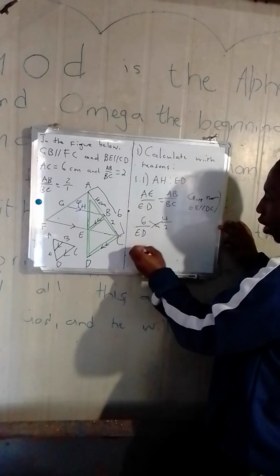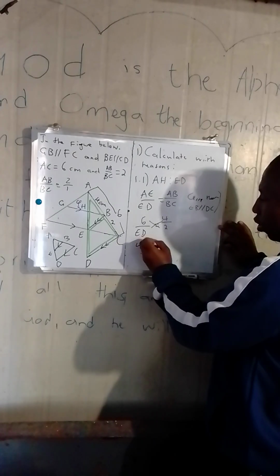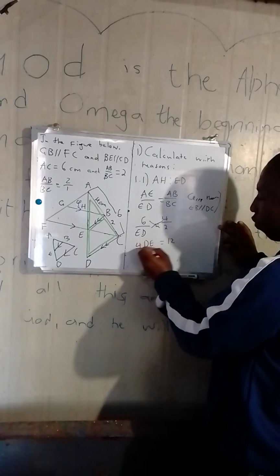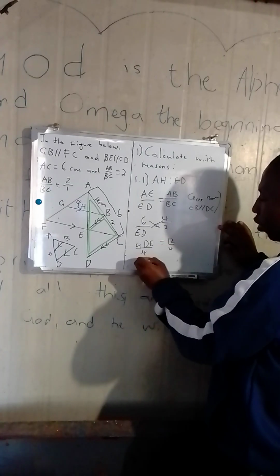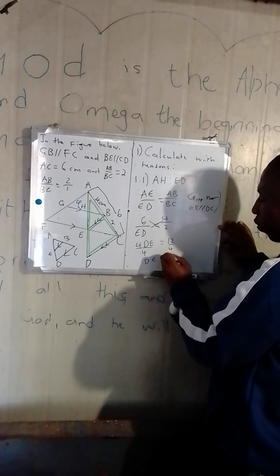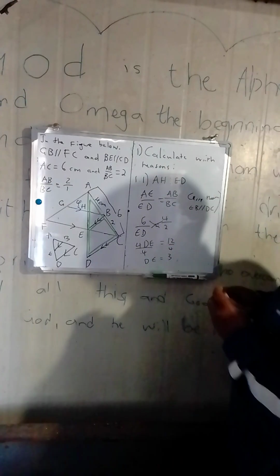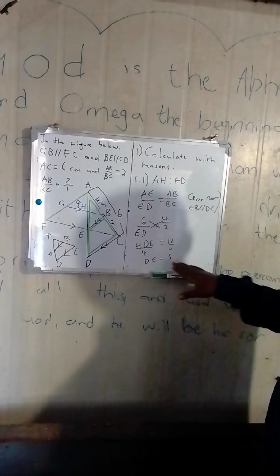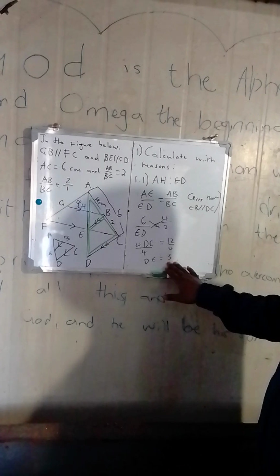Then we cross multiply. We have 4 ED equals 6 times 2, which is 12. Divide by 4, DE equals 3. So DE is 3.